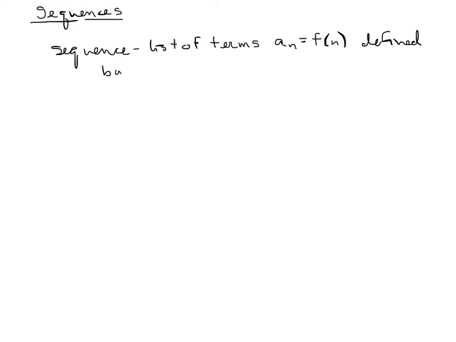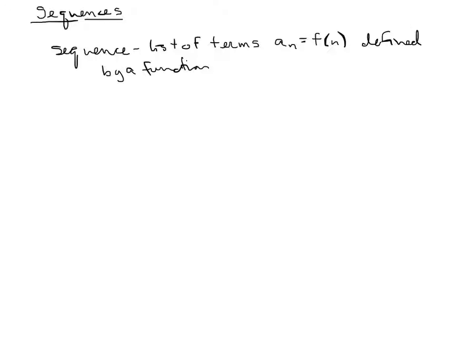So a sequence is just a list of terms. We usually call these a sub n, and they are defined by a function in terms of n.